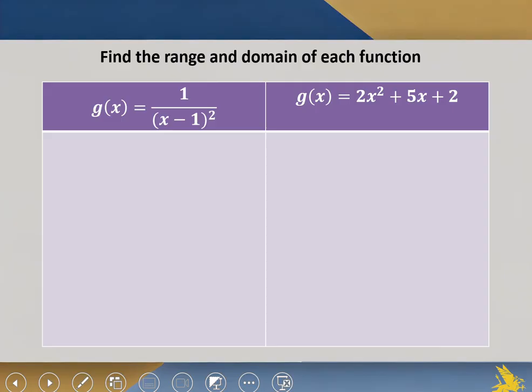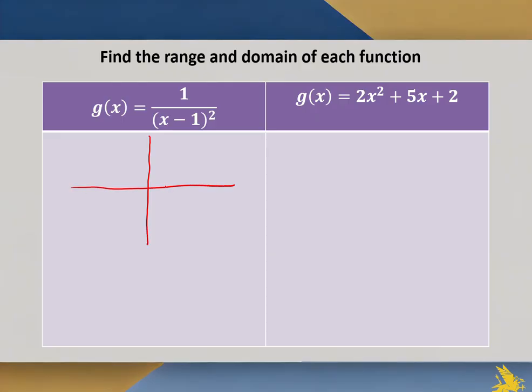So let's have a go at these two questions. Let's see how they look. Okay, so the first one, we know that when we've got x minus 1 on the bottom, if I draw my graph, how do I know I'm going to have an asymptote at 1 here?